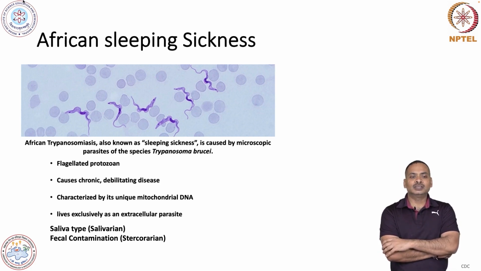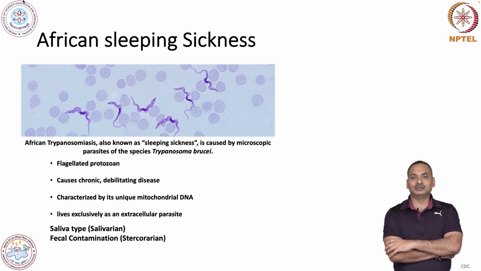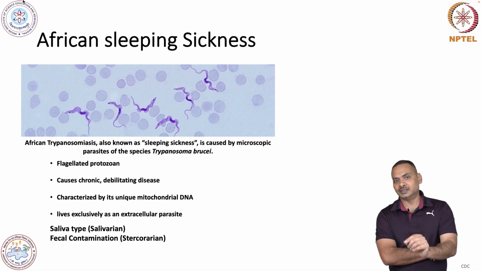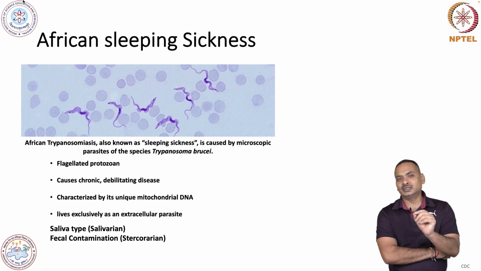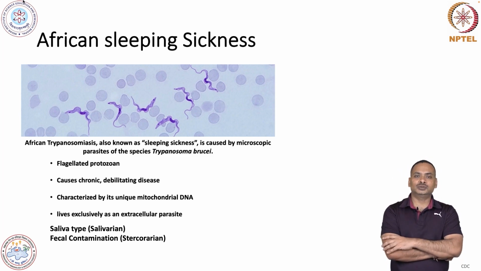One is the saliva type, which we call the salivarian variant. When this arthropod bites, it releases saliva, and this saliva is loaded with the parasite, which is transmitted to the human host.